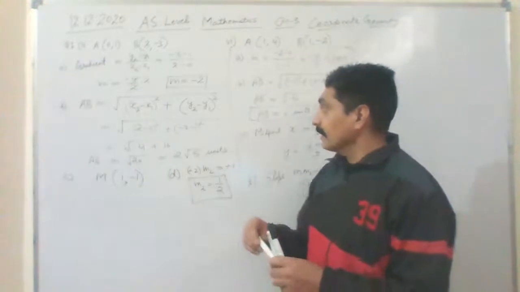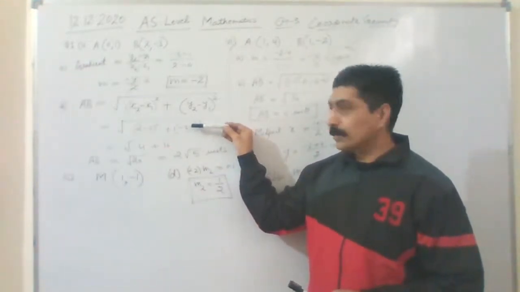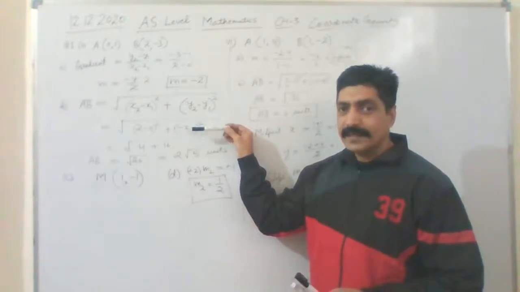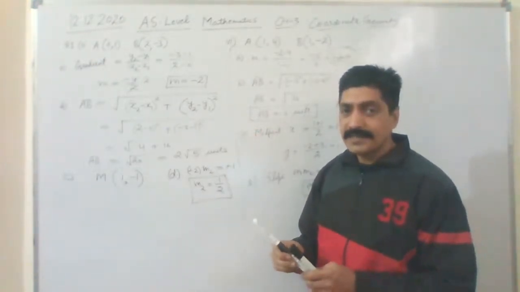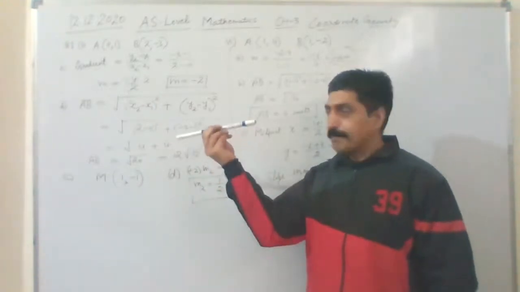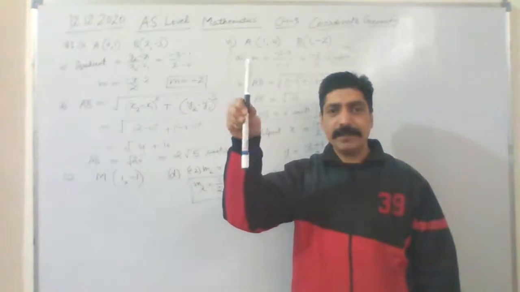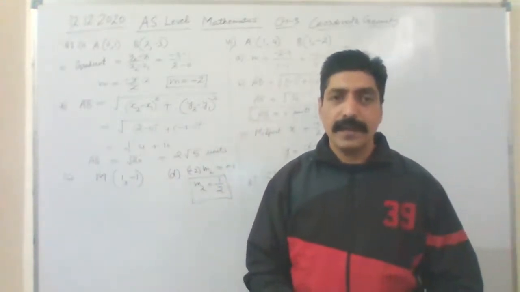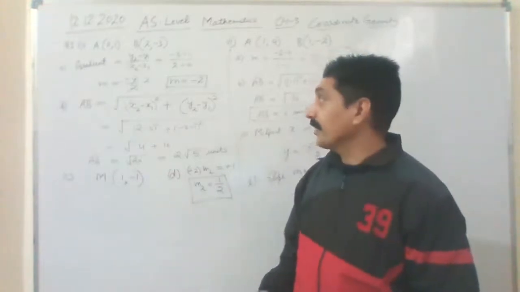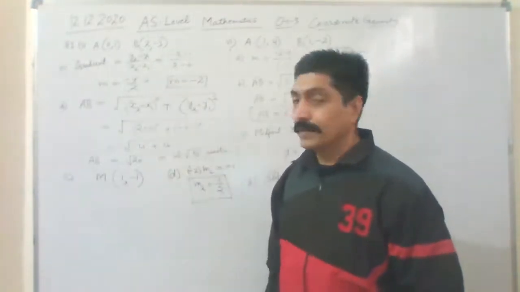If a line is parallel to the x-axis, then its slope is 0. If a line is perpendicular to the x-axis, its slope is infinite, right? And the slope is y2 minus y1 divided by x2 minus x1, right?